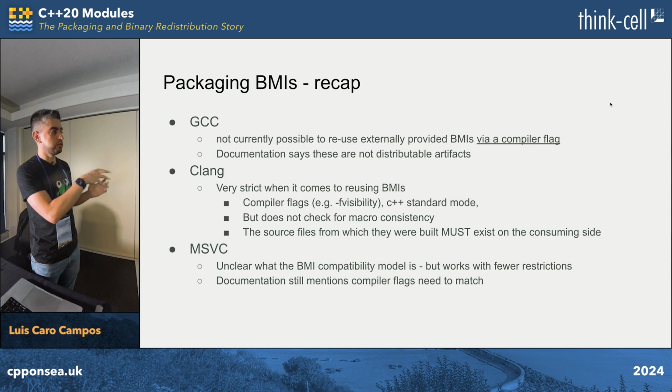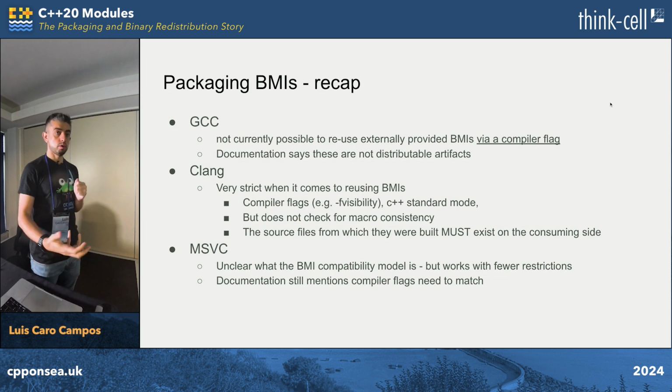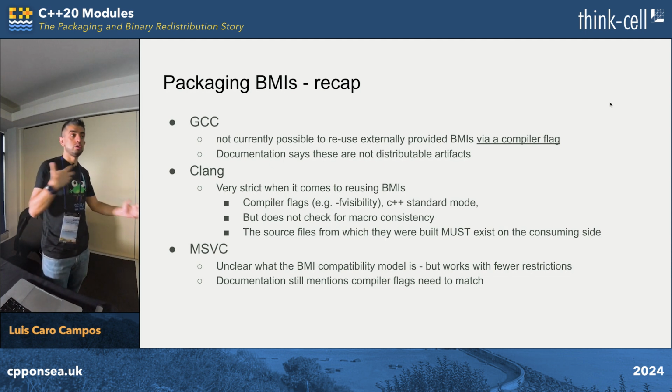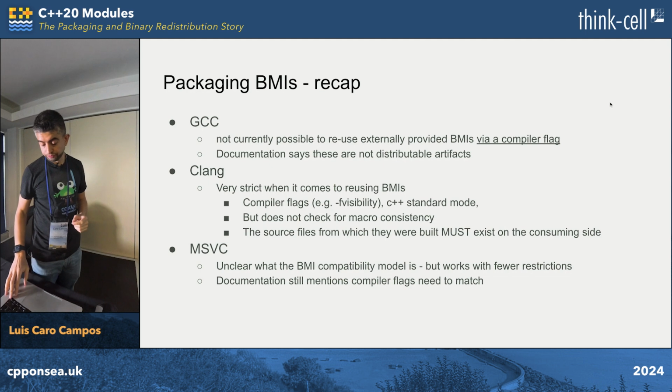And Clang is very, very strict, more so than GCC and MSVC. And for the Visual C++ compiler, it's unclear at the moment what the BMI compatibility model is. I did find it to be a lot more forgiving, even across the same build with different flags.